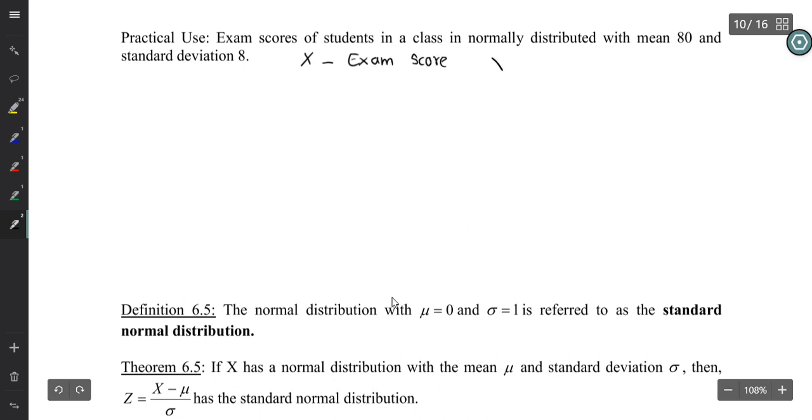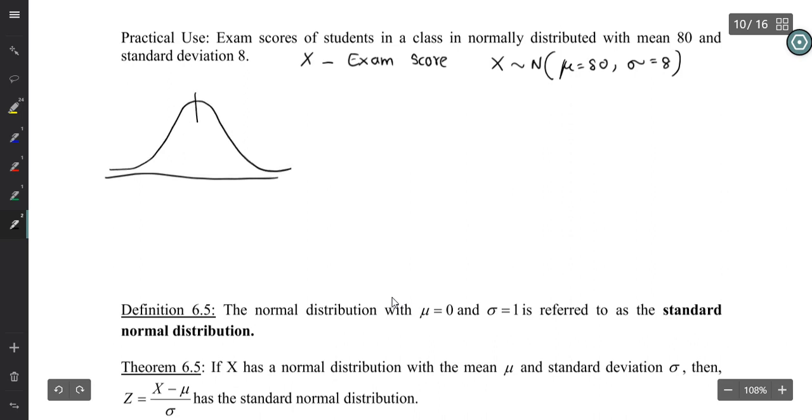It says x is normally distributed with mean 80 and standard deviation 8. If you draw the curve, it is a nice symmetric bell curve, symmetric about the mean 80, and the standard deviation is 8.